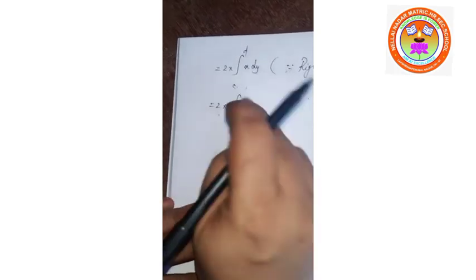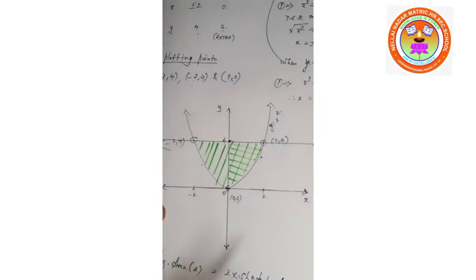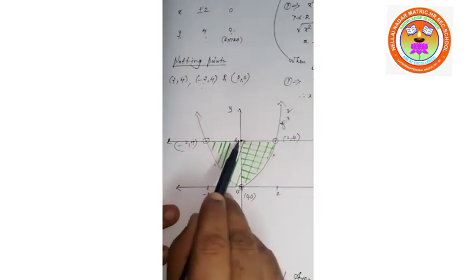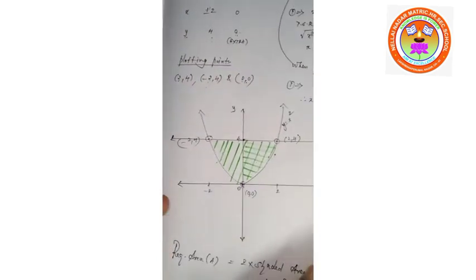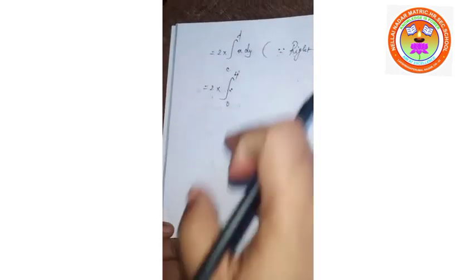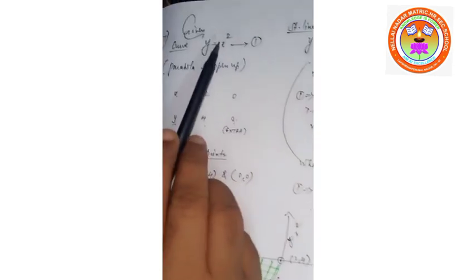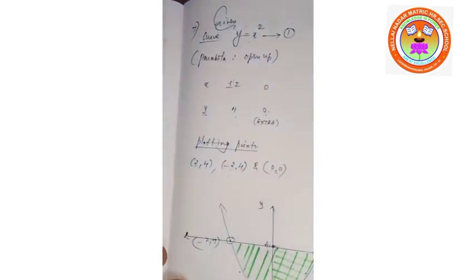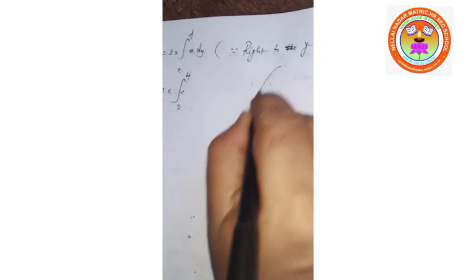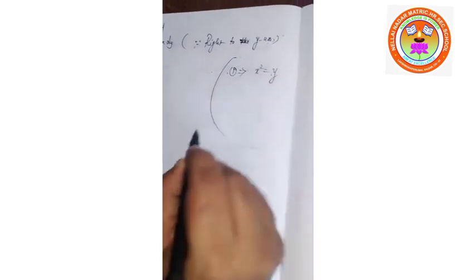2 into, lower limit 0, upper limit is 4, 0 to 4, x dy. Here we have x. From equation number 1 you have to find x. Equation 1 implies x squared equals y, correct?